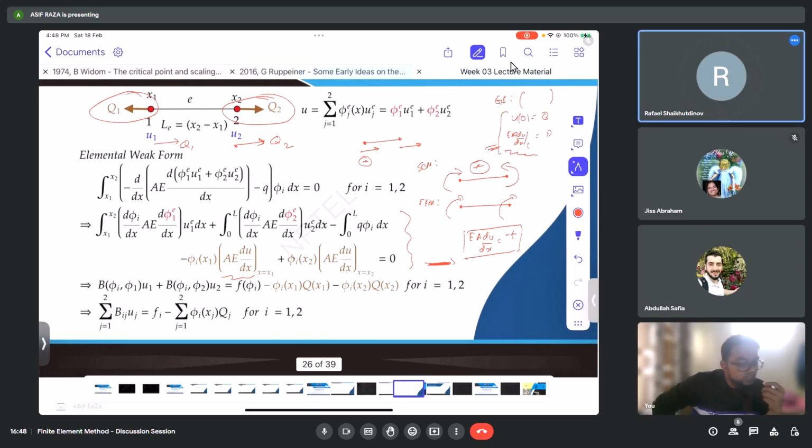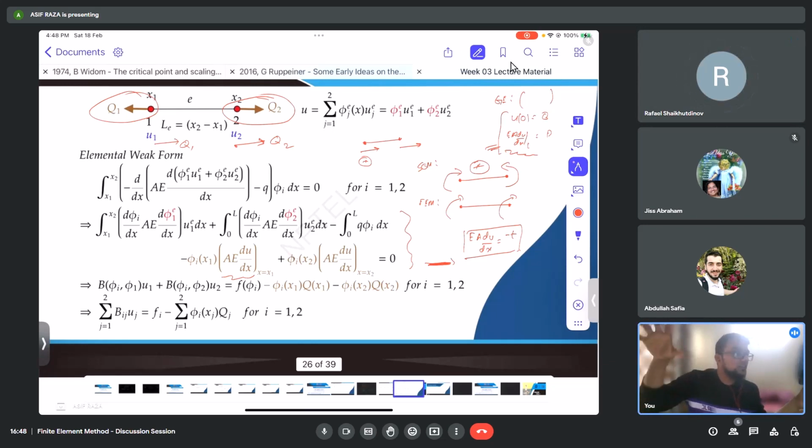So for the whole domain, we are given conditions at the endpoints. As a whole domain, we have only two boundary points. When we take an element, we have boundaries differently, and with respect to that we'll have these boundary terms.